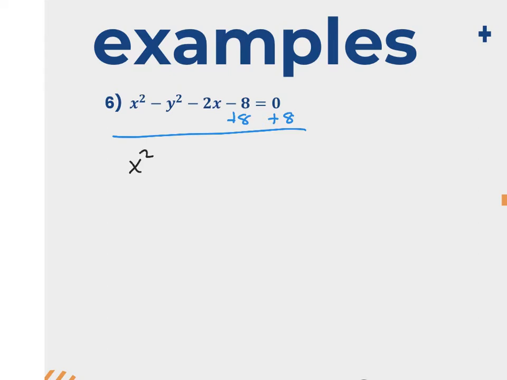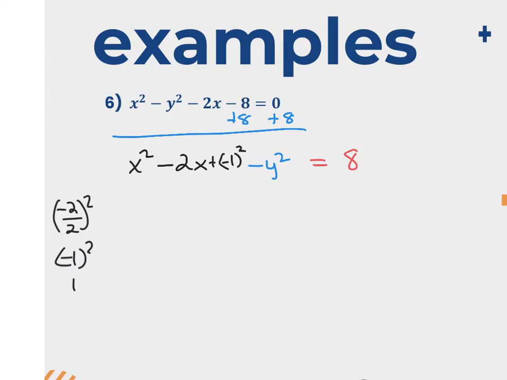So x squared, and I'm going to put my x's next to each other, and then I'll leave a space, put the y's, and then I'll put equals +8. So I'm going to complete the square for the x. I take the b term, divide it by 2, square it, and I'm going to be adding in here plus -1 squared, but over here I'm just going to put +1.